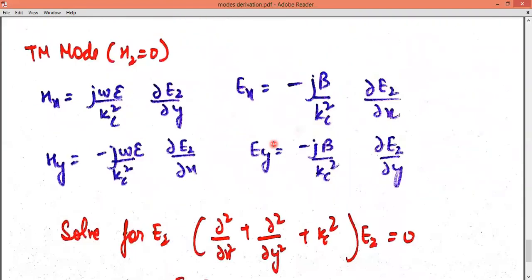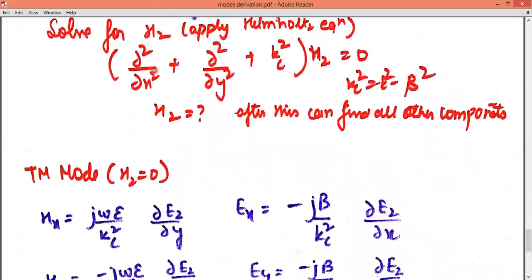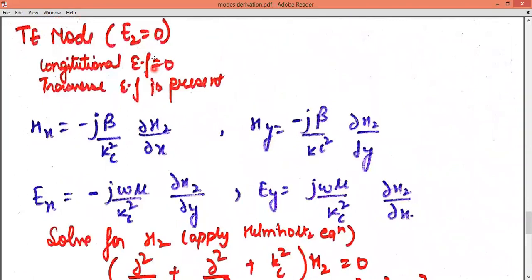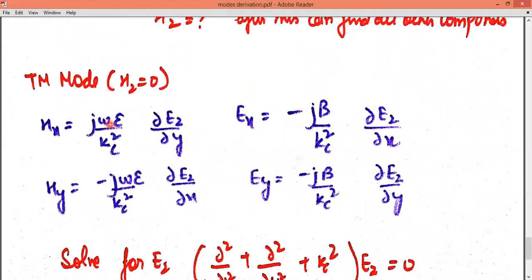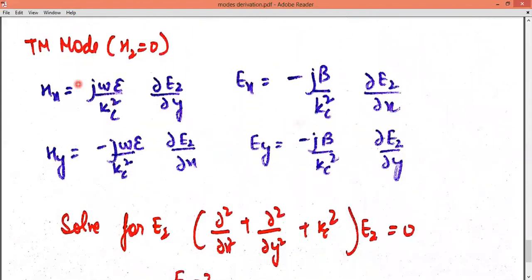In a similar way, for TM modes, Hz equals 0. In this, the longitudinal magnetic field is 0. These are the x and y components of the magnetic field and the x and y components of the electric field. How are we going to solve this?